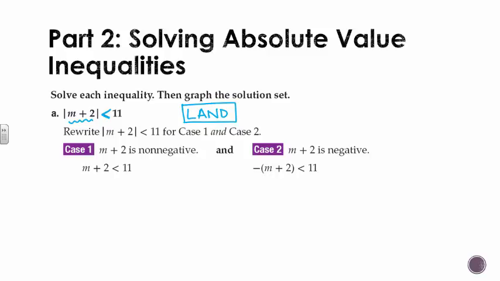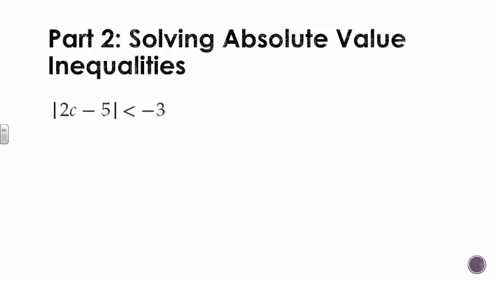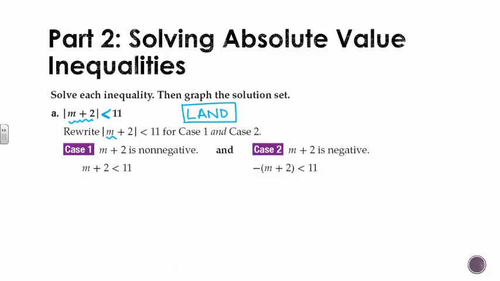So the first thing we have to do is stop and think about what this means. This stuff in here, remember, could be 11 or it could be negative. So when we do that, we technically have two cases, just like we've been doing today. We want this stuff to be positive, and we want this stuff to be negative.